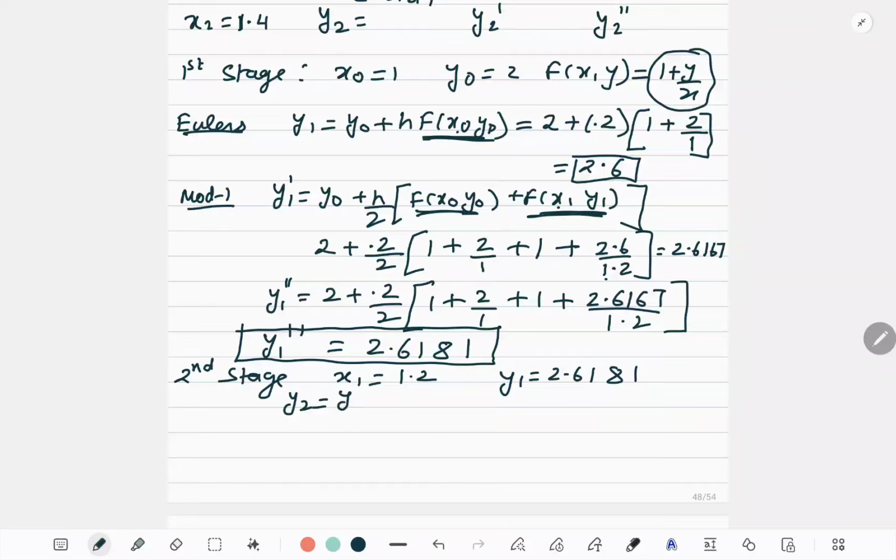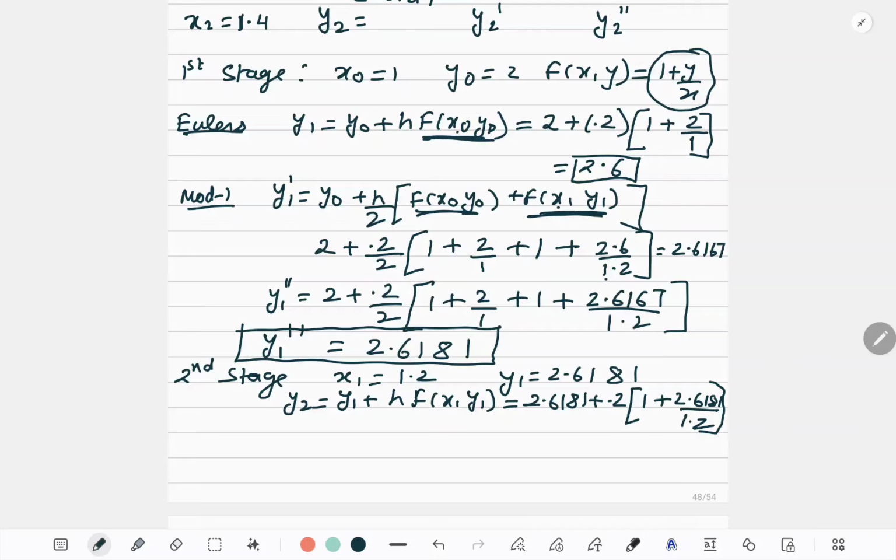y2 is equal to y1 plus h f of x1 y1. So I'll substitute. y1 is 2.6181 plus 0.2 times 1 plus 2.6181 upon what is x1? 1.2. Right? So this will give me the value of y2.